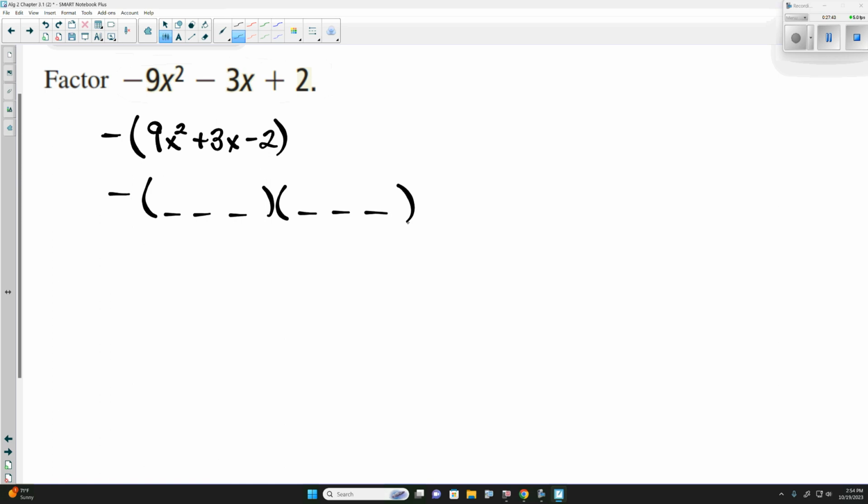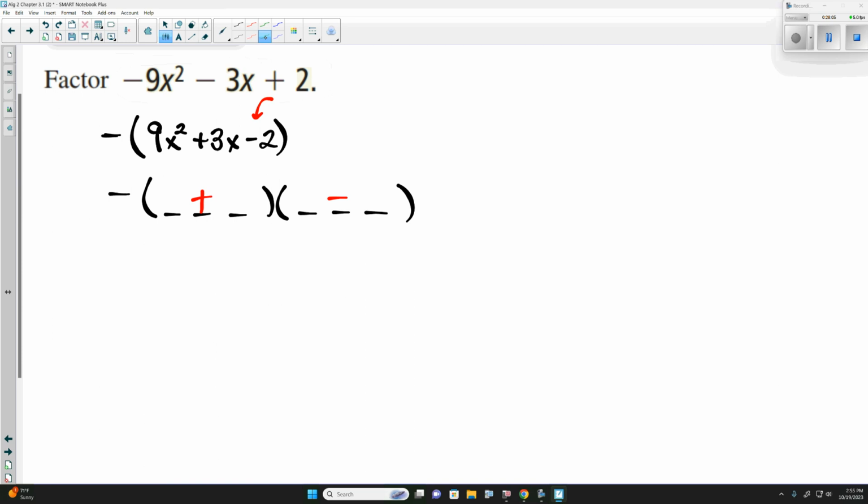Since we have factored everything out, 2 sets of parentheses with 3 spaces. Find the sign. If the third term is positive, the signs are the same and they match the sign of the middle term. If the third term is negative, the signs are opposite. So 1 is positive, 1 is negative.